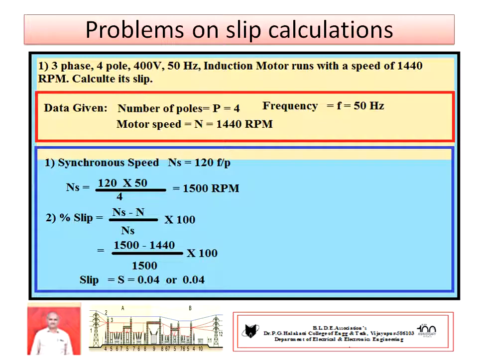Percentage slip equal to ns minus n divided by ns into 100. You know ns is 1500, you know n is 1440, substitute the values and we get slip. Slip in fractional value is 0.04, or 4%. Keep both answers, slip equal to 0.04 or 4%. This problem can give 6 marks.